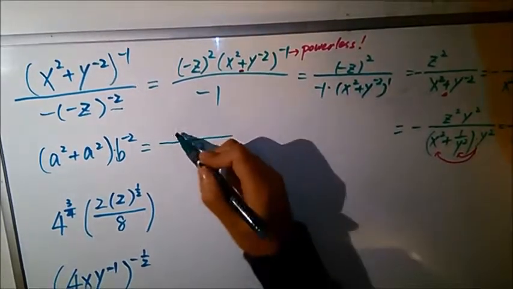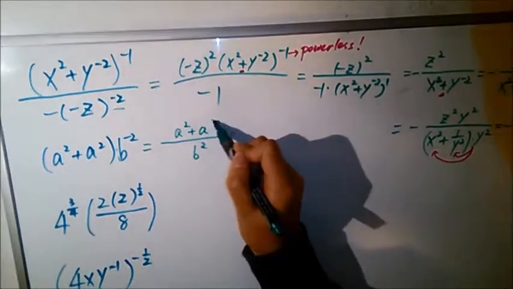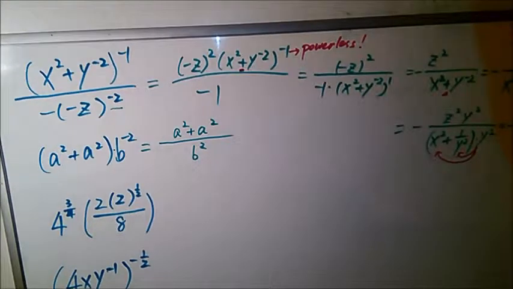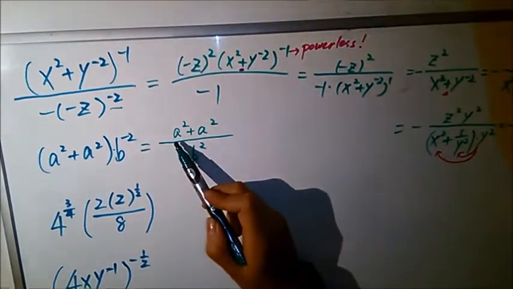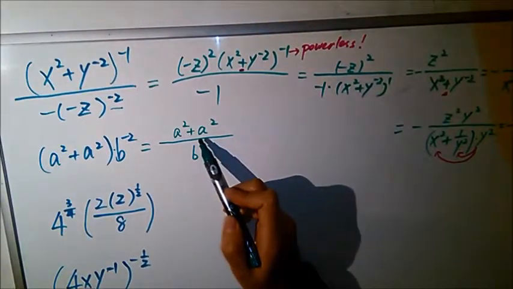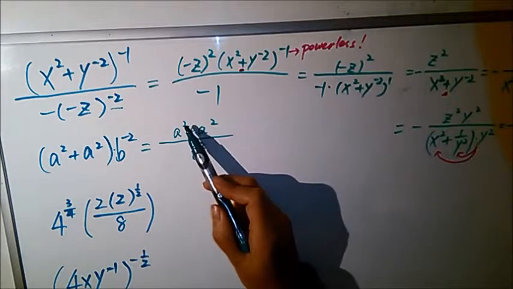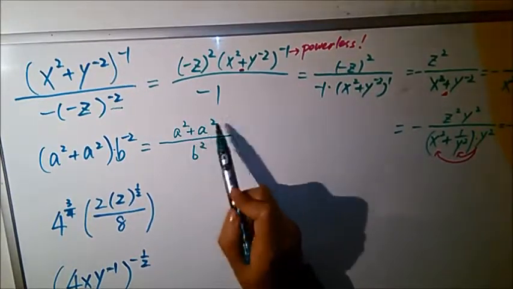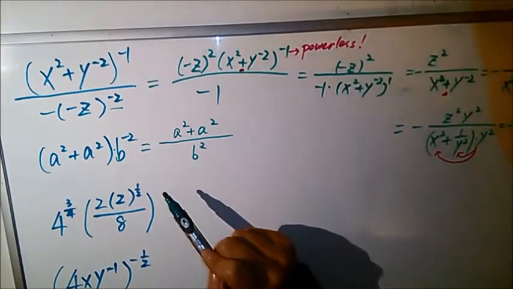Since a squared is plus a squared, right? Since two like bases are added together, first of all, their exponents stay the same. They don't change like in multiplication.